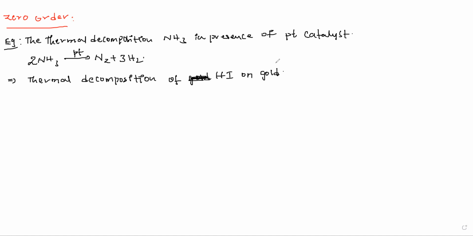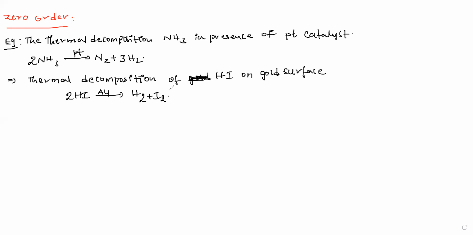I am asking. We discussed this last year. The decomposition using heat is called thermal decomposition. Okay. So the decomposition of HI on a gold surface is an example of a zero order reaction. 2HI gives H2 plus I2.